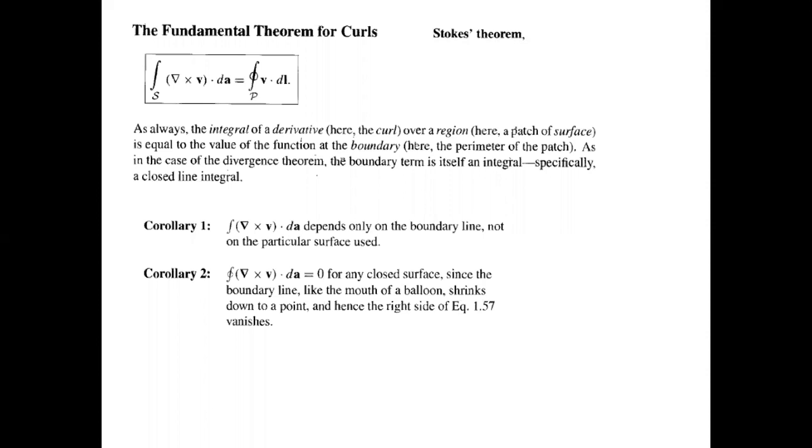That gives you that this integration depends only on the boundary line, not on the particular surface being used. And the curl over a closed surface becomes zero, since the boundary line, like the mouth of a balloon, shrinks down to a point.